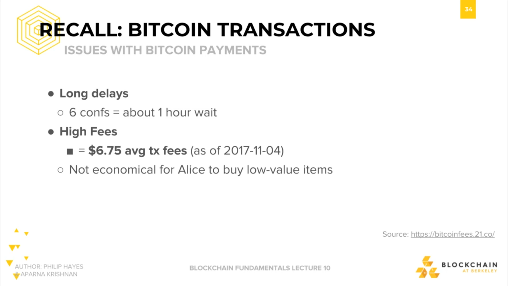Like, if my cup of coffee costs $2.5, am I going to pay a $6.75 transaction fee on top of the $2.5? This makes it uneconomical for Alice or anyone to buy low-value items. We kind of want to create the system where microtransactions are possible, where delays are not so much.